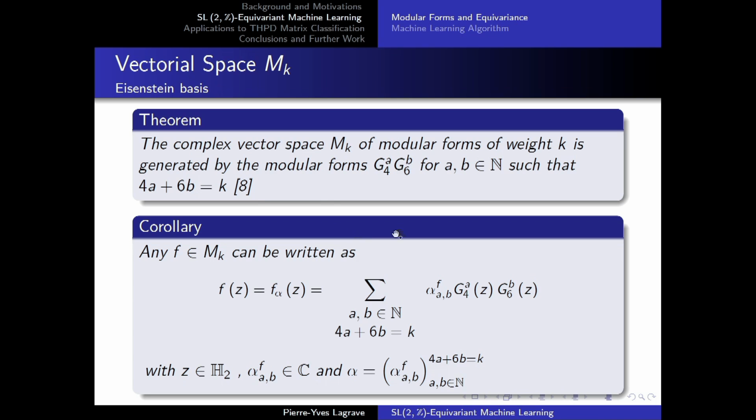You can find some very interesting information about modular form theory and some results in a book written by Stein, which I also put in the references. So now that we have that, it's a very simple corollary, but you can basically represent any modular form of weight k by a complex vector that we are going to denote alpha, which represents the decomposition of the modular form into the considered basis.